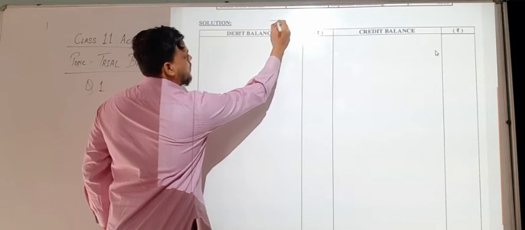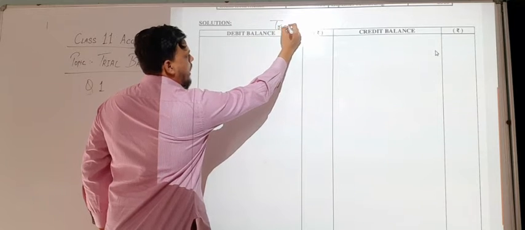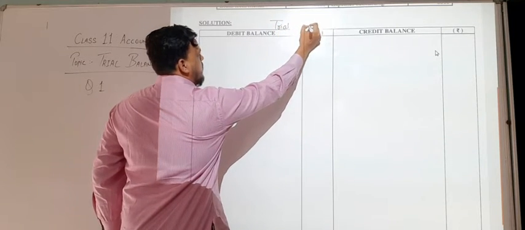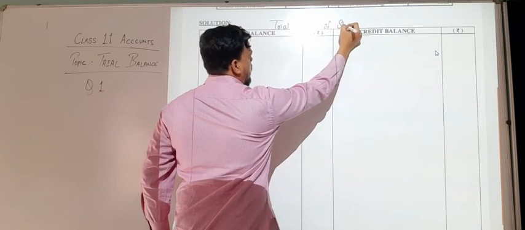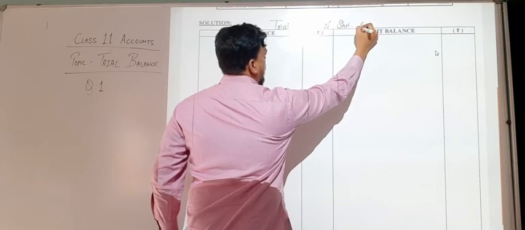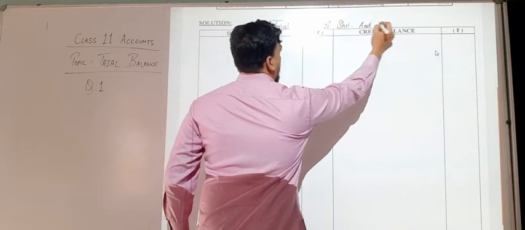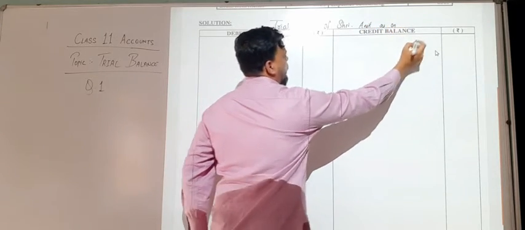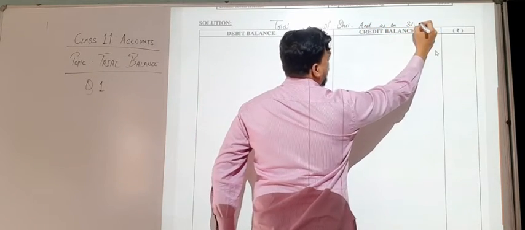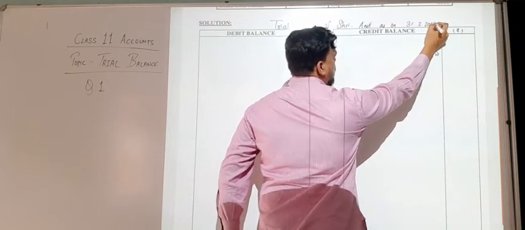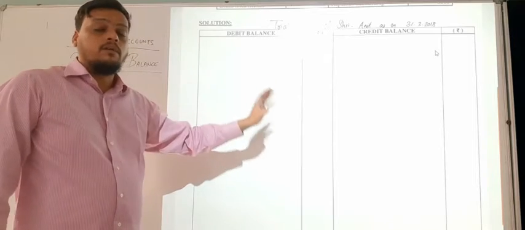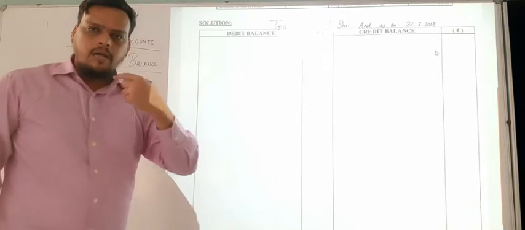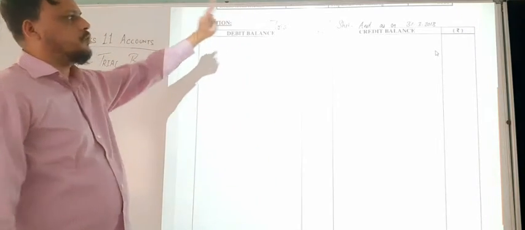Here you should write trial balance of Sri Amit as on 31st March 2018. If you are not able to see what I am writing, it is enough for you to write it.